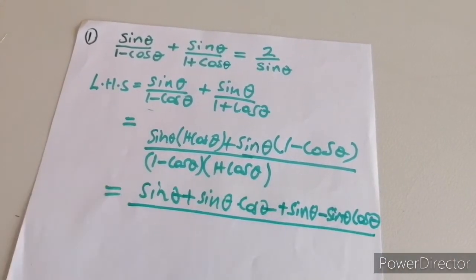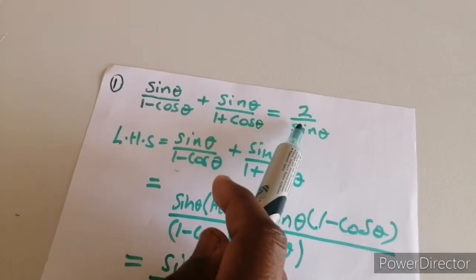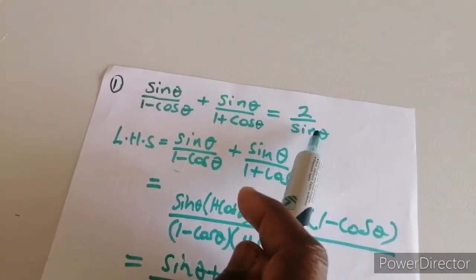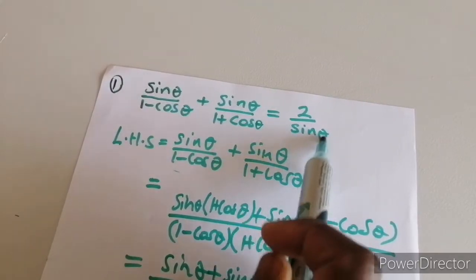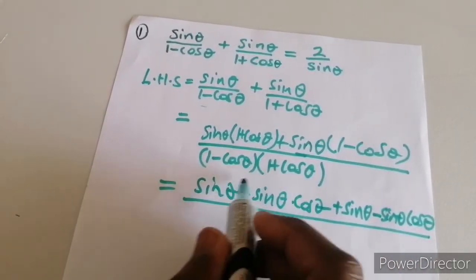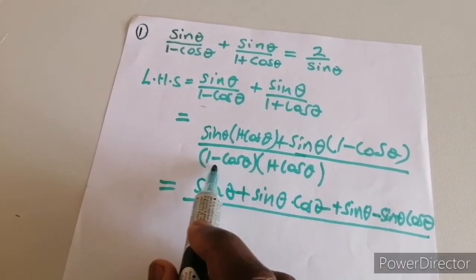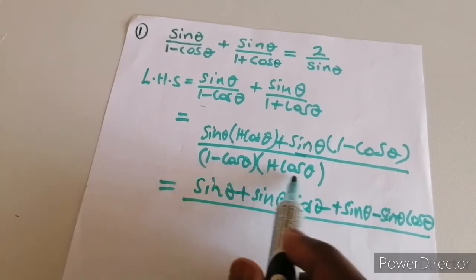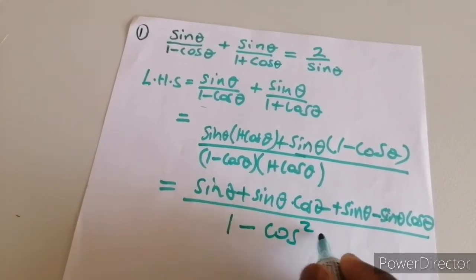All divided by. Every time you simplify, check what you are trying to satisfy. If you check the right hand side, the denominator is only one function. Now let's try to work out this. This is the binomial by binomial that leads us to the difference of two squares. This is 1 minus cos squared theta.